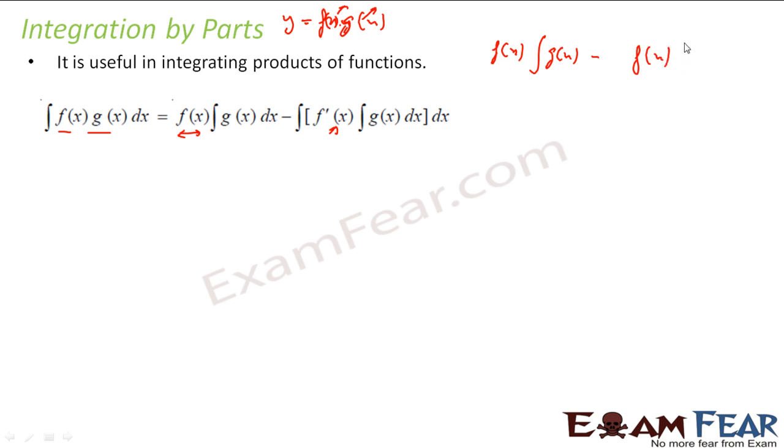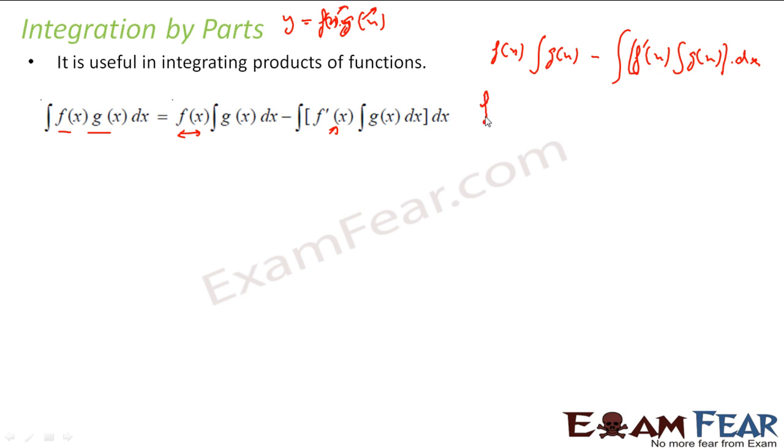I'll tell you a shortcut. You write f(x) integration of g(x) minus f dash x into integration of g(x), and then the whole thing you integrate with respect to dx. This is nothing but the integral of f(x) g(x) dx.